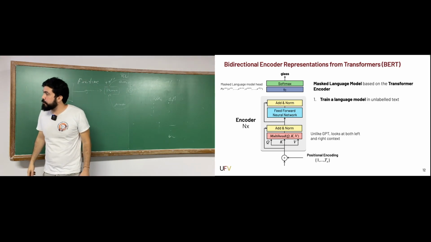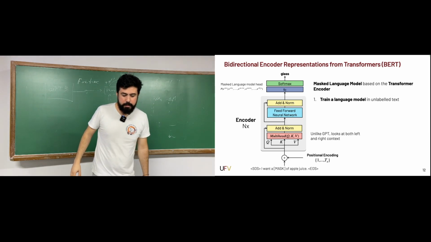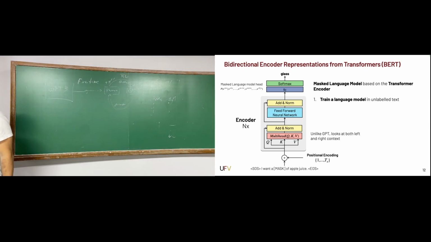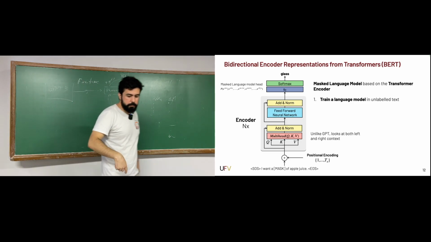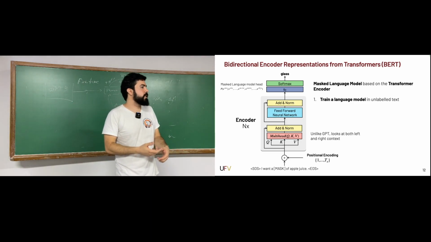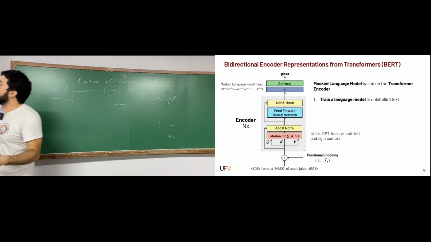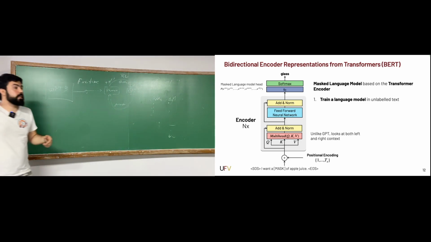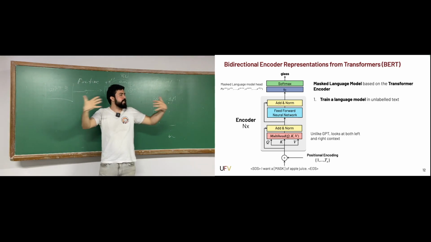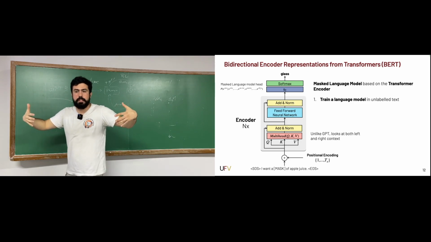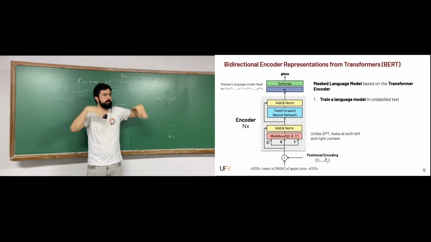The difference here is that we're going to predict a word in the middle of the sentence given its left and right context. Remember, the encoder doesn't have a masked multi-head layer. So it can look at any neighboring word, both in the left or in the right. It doesn't mask anything.